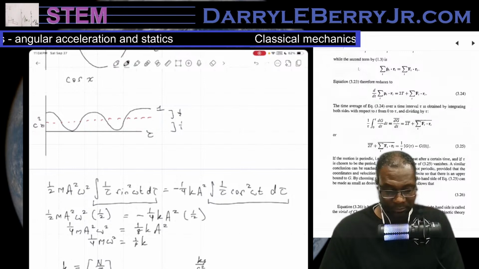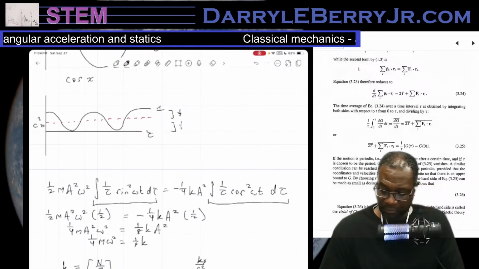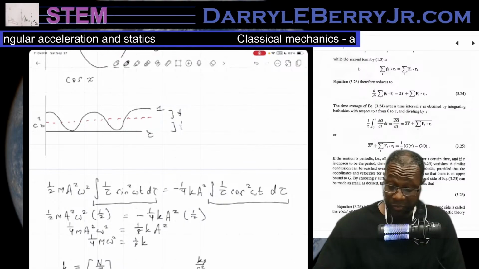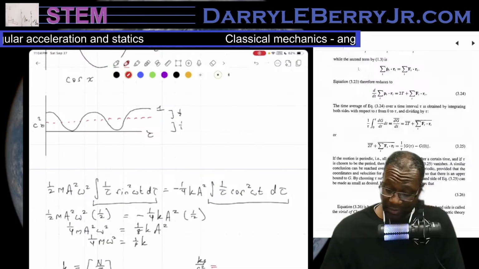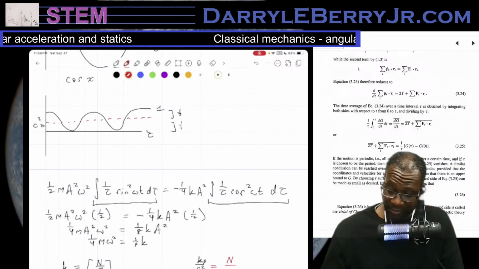If I remember right. So that's what I thought the units for it were. But then when I looked at a textbook later, I saw that it was newtons per meter.